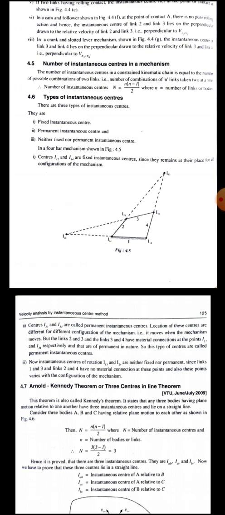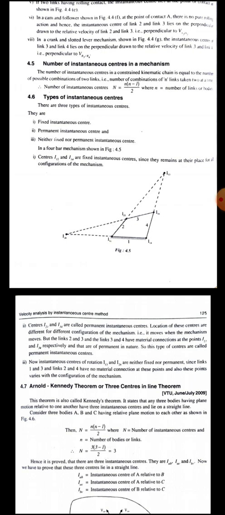In the four-bar mechanism, I showed a figure. The centers I12 and I14 are fixed instantaneous centers, since they remain at the same place for all configurations of the mechanism.